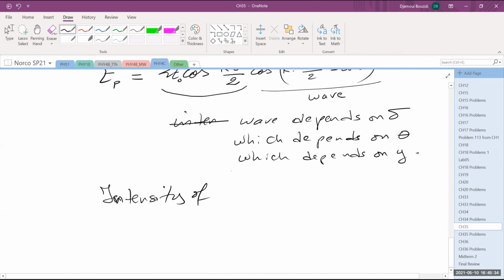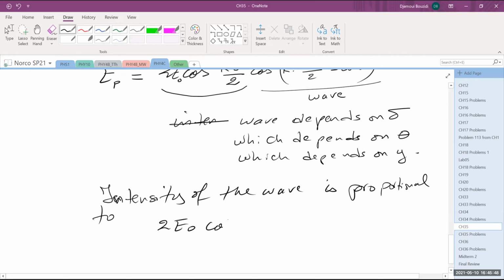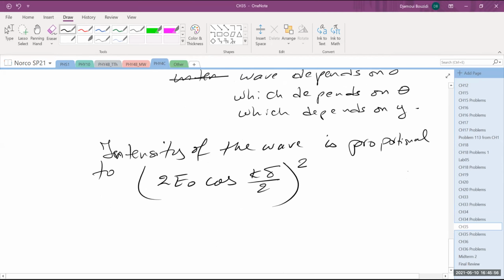So the intensity of the wave is proportional, and I'm not saying it's equal, I'm saying it's proportional to 2 times E naught times the cosine of K delta divided by 2, squared. That is the amplitude at point P.